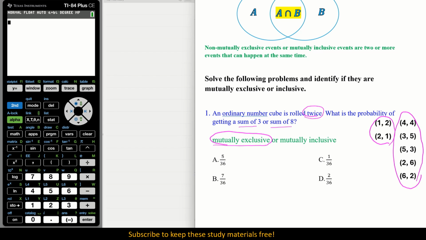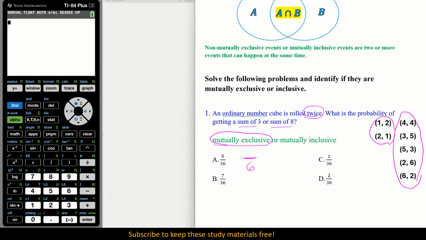But be careful. We have 2 dice being rolled. Each time you roll, you have 6 outcomes for one cube.